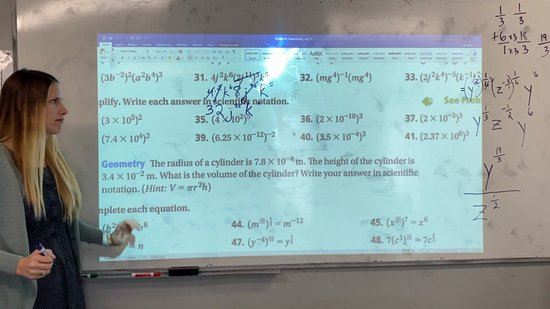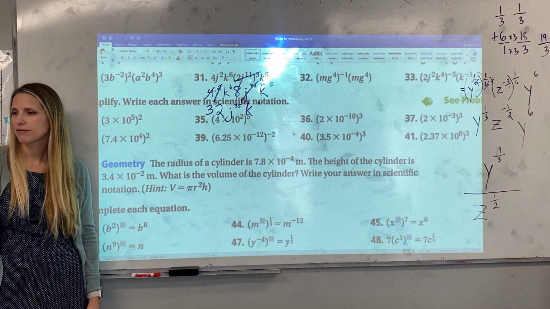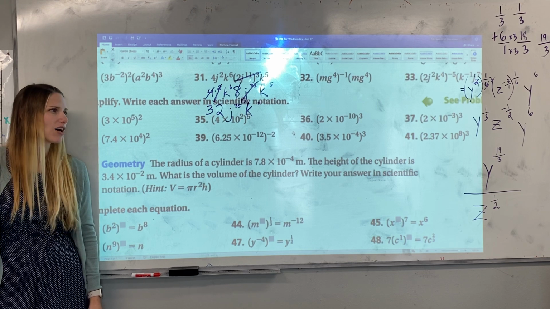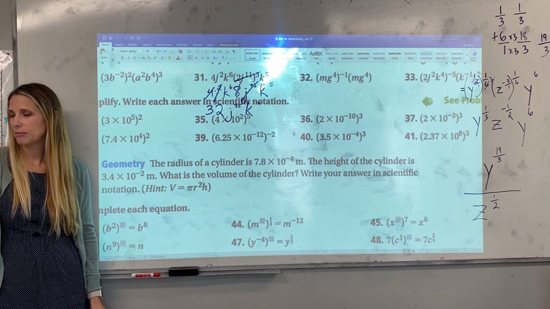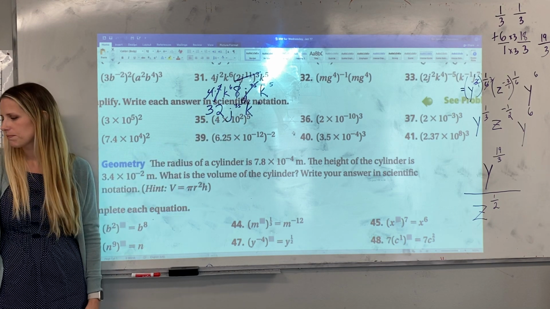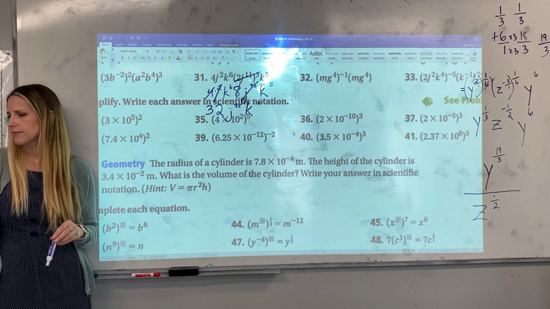Am I done? Yes. It's as simple as it can get. I wouldn't call anything about this lesson simple, but this is as simplified as it's going to be.